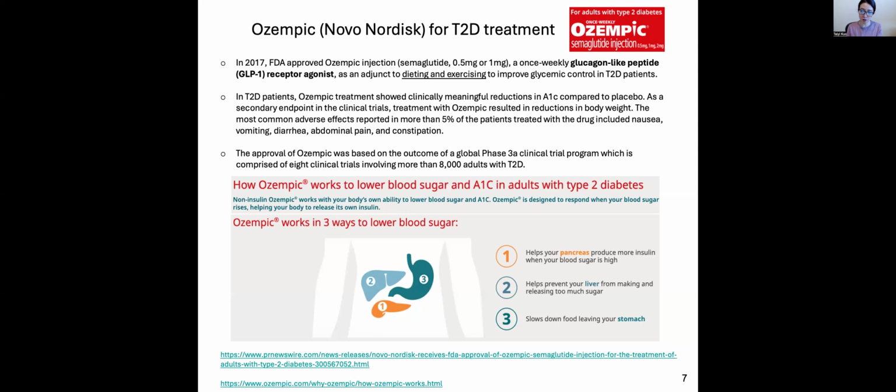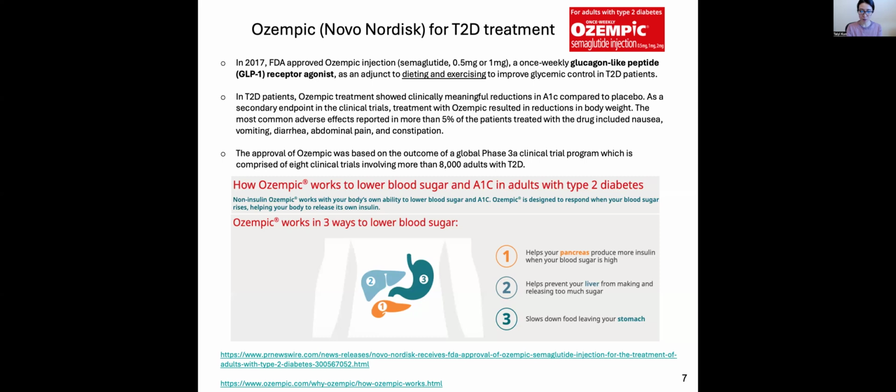So now if we can slow down the food leaving the stomach, therefore entering the gastrointestinal tract, we are kind of doing some traffic control to make sure that they don't all enter the circulation at the same time, therefore allowing all the tissues a little bit more time to clear the glucose, the nutrients, and the fatty acids that are entering our blood.